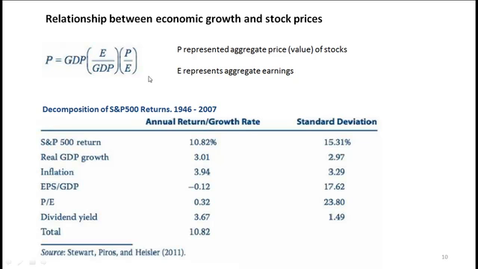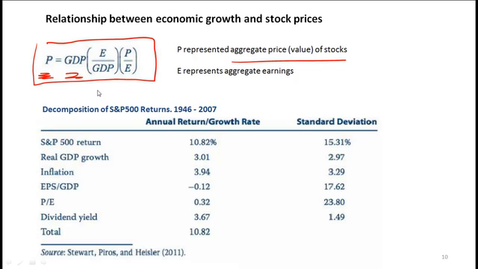Now let's look at this a little more formally, and here is a relationship that is given in the curriculum. The aggregate price level of stocks is equal to GDP multiplied by the aggregate earnings of companies divided by GDP multiplied by the PE ratio, where again the P represents the aggregate price of stocks and E is the aggregate earnings. So notice that algebraically the GDP and GDP cancel out, E and E cancel out, so this is obviously an equality.